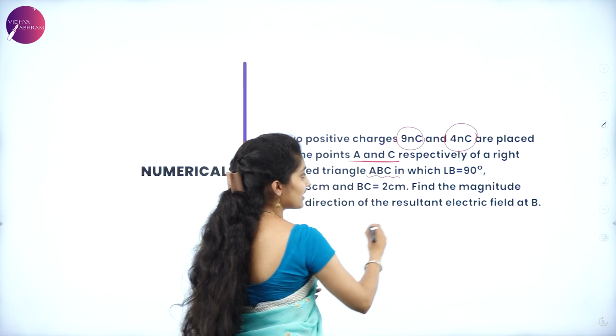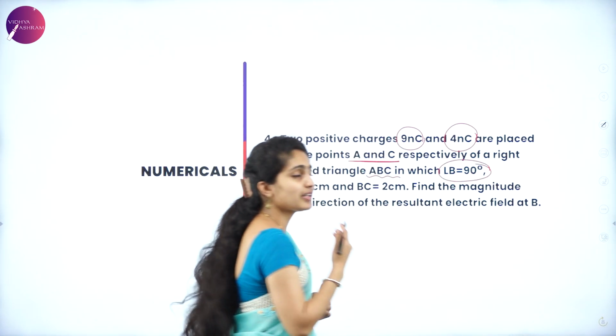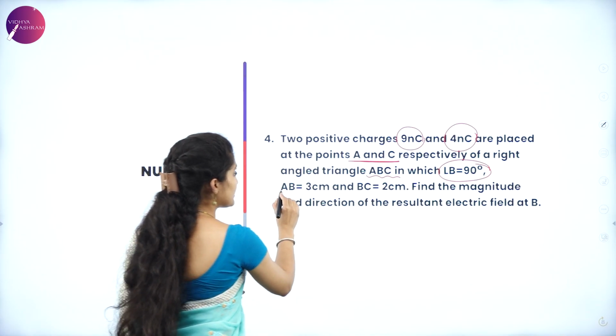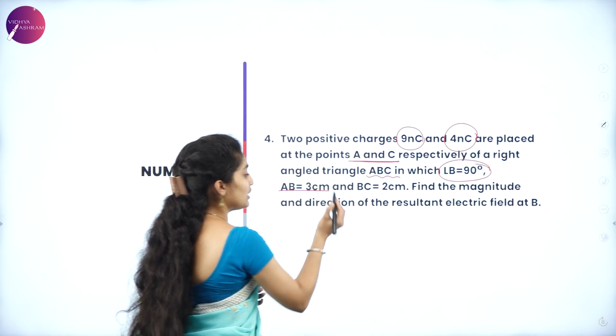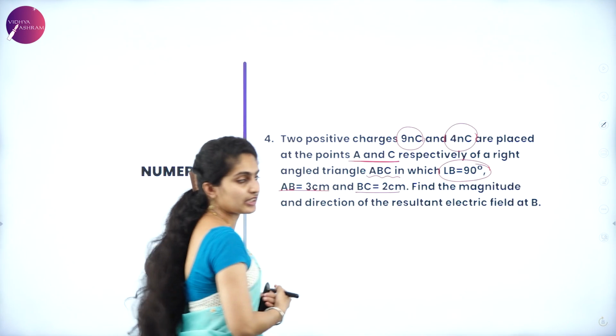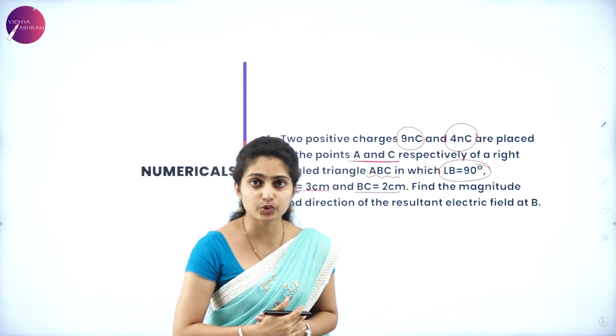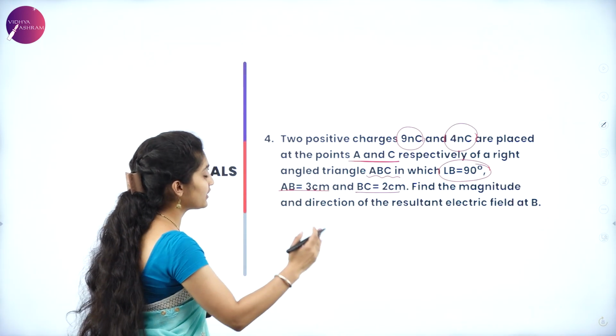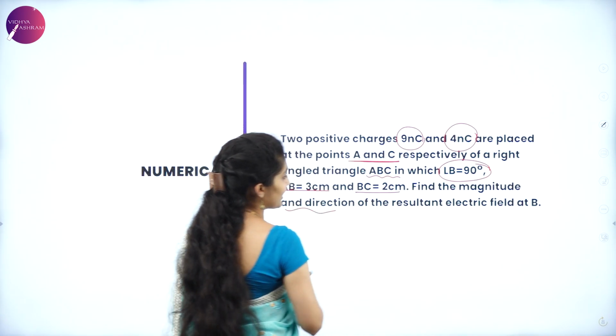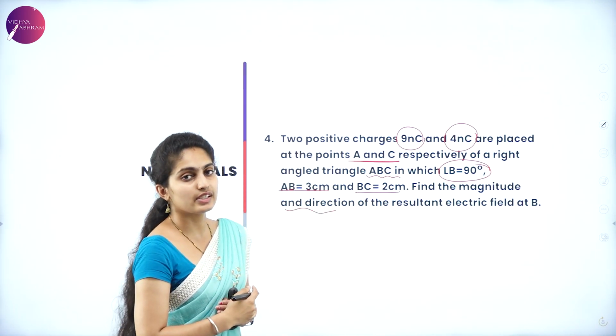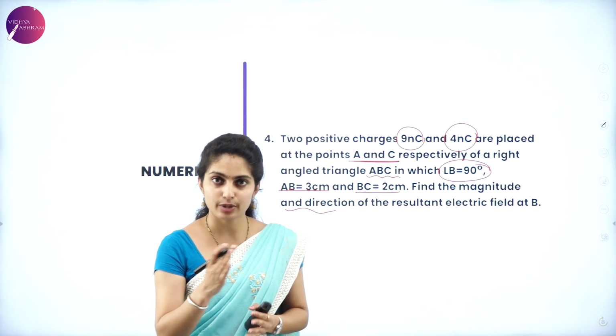So B is at the center where angle B is nothing but 90 degree. AB is said to be 3 centimeters. BC is said to be 2 centimeters. So what are we supposed to do? We have to find the magnitude and direction of the resultant electric field at B.